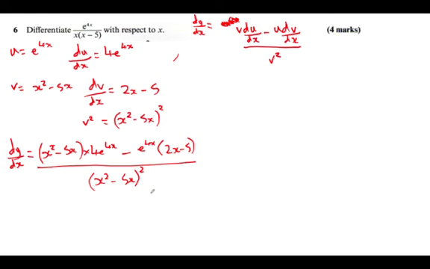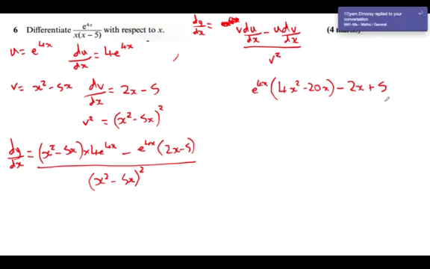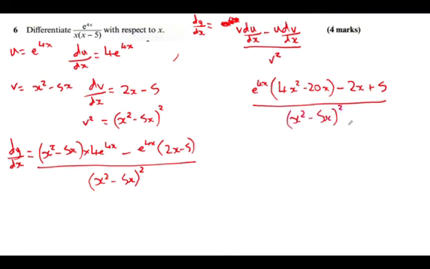Simplifying that down, I can take a factor of e to the 4x out, so I get e to the 4x times (4x squared minus 20x minus 2x plus 5), and all that is going to be over (x squared minus 5x) squared.